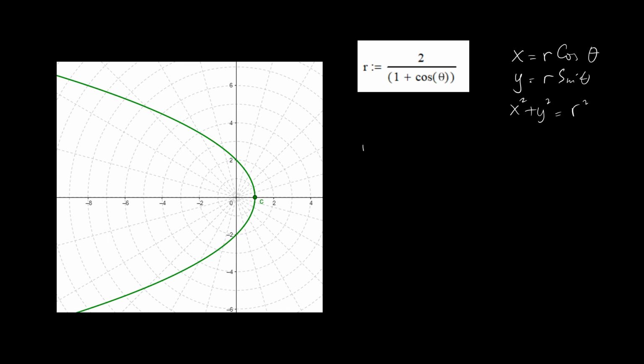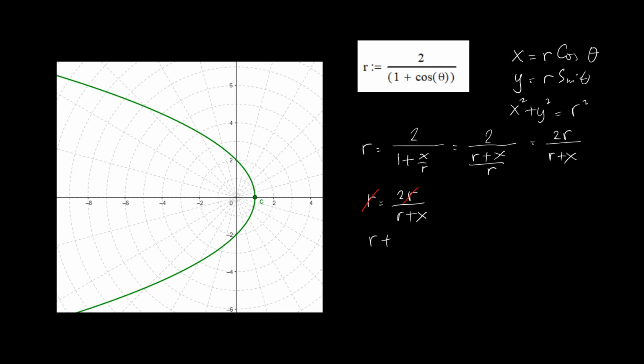Alright. So r is equal to 2 all over 1 plus cosine theta, and cosine theta is equivalent to x all over r. So that is equivalent to 2 all over 1 plus x all over r, or 2r all over r plus x. So r is equal to 2r all over r plus x. We can cancel here the r. And then we cross multiply, we'll be getting r plus x equal to 2.